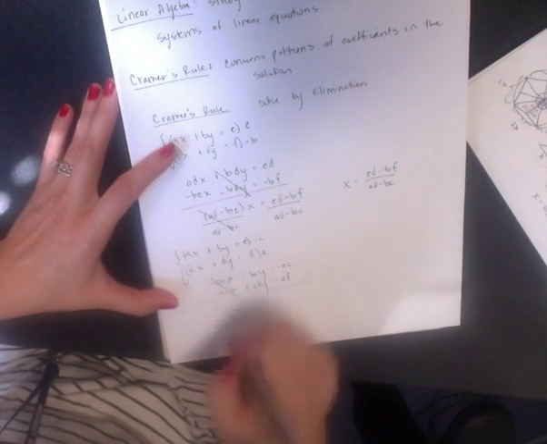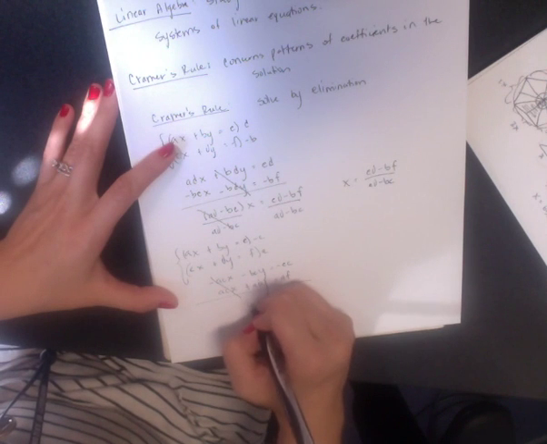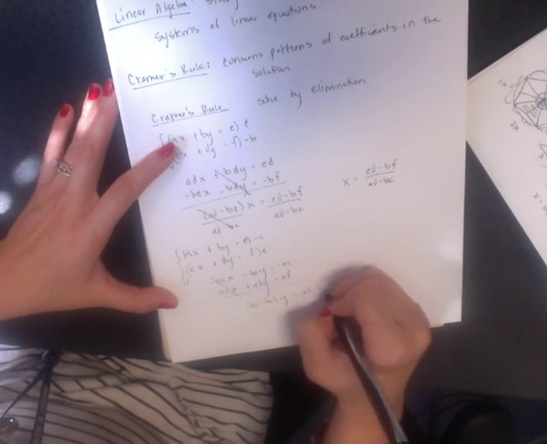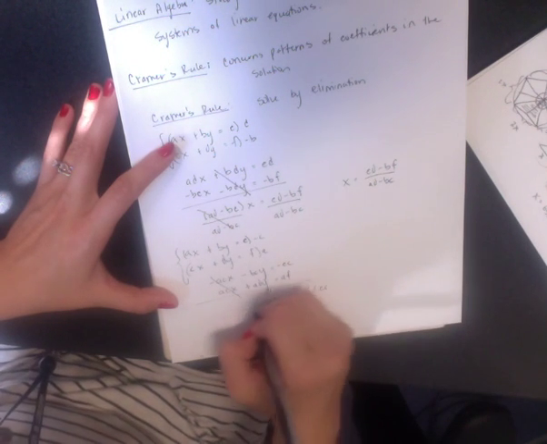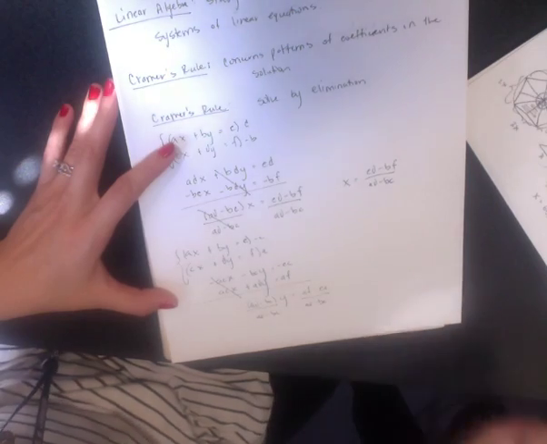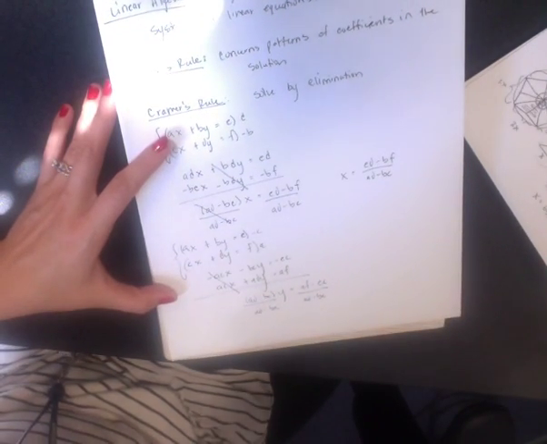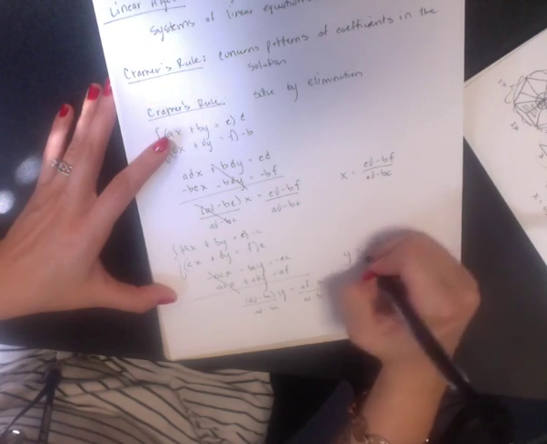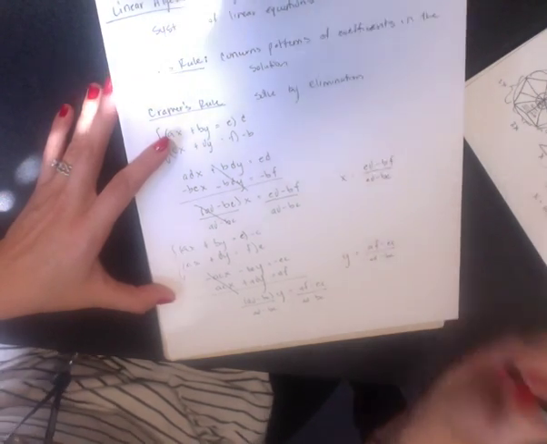If I add these together, this term eliminates, leaving me with ad minus bc times y equals af minus ec. I divide both sides by ad minus bc, leaving me with y is af minus ec over ad minus bc.